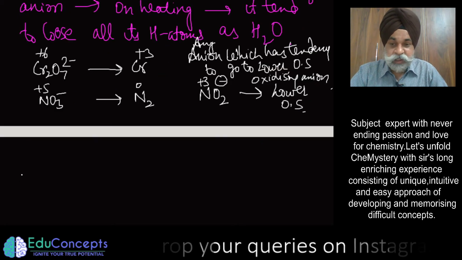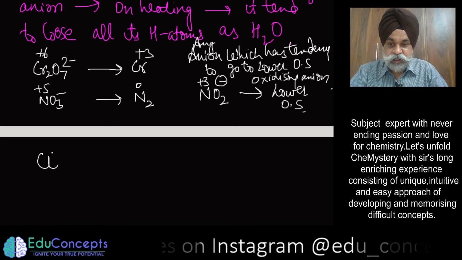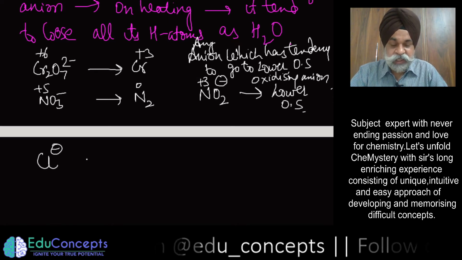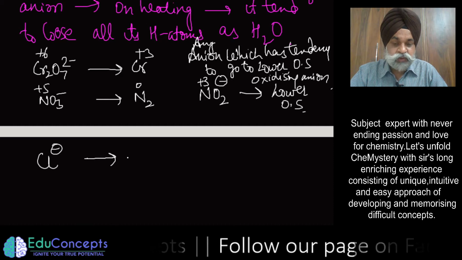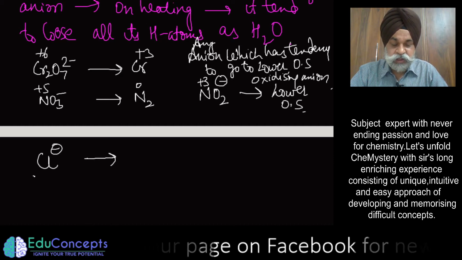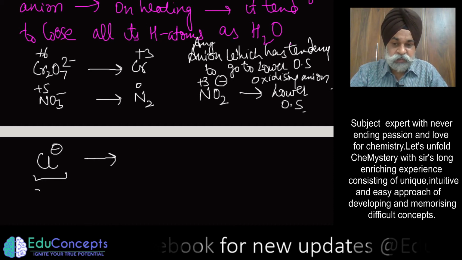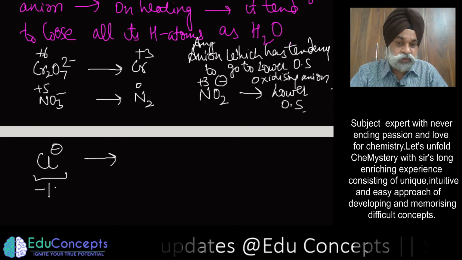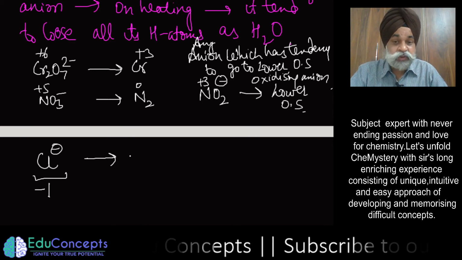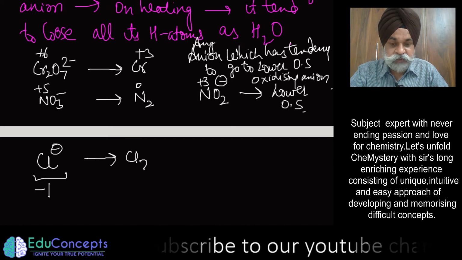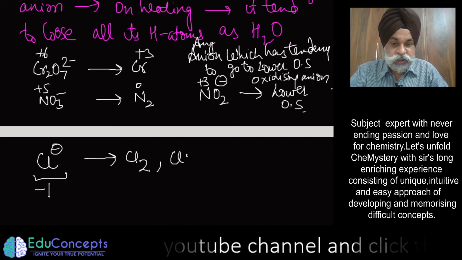So let me give another example where you could see that Cl negative is also an anion, but it has no tendency to go to a lower oxidation state, because it already is in -1 oxidation state. It cannot go to the lower oxidation state, but it could go to a higher oxidation state, say for example Cl2 or ClO3 negative.